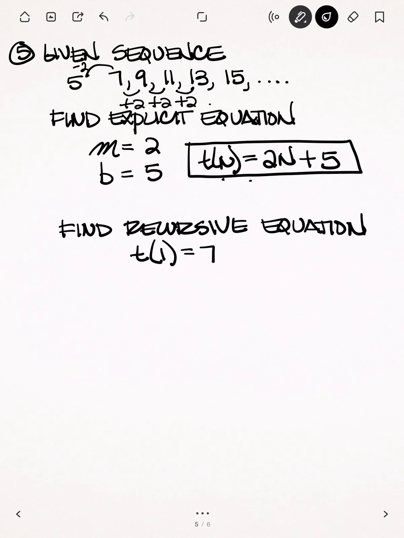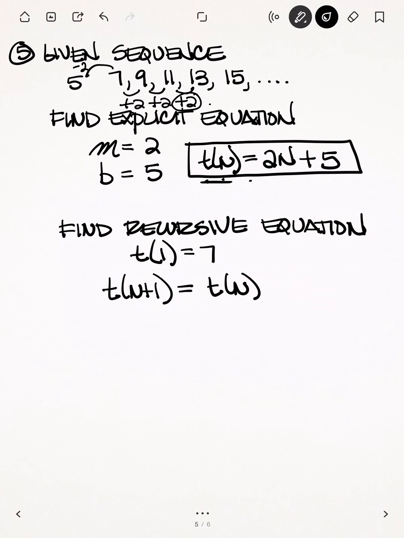Now, what was the first thing I put for a recursive equation? I don't start with t of n like I do in explicit. I start with t of n plus 1. It is always equal to the term right before that, which is my t of n. And how do I go from one term to the next? Well, in this case, I added 2.